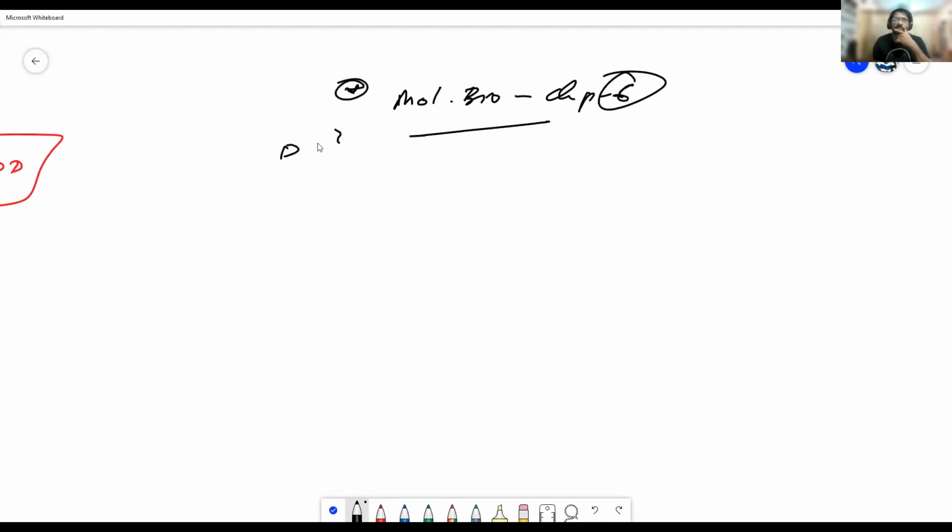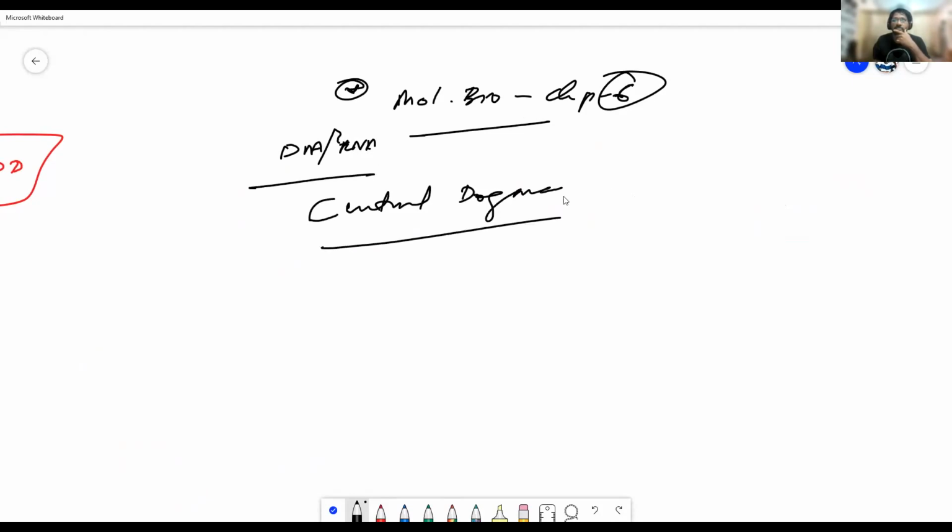We'll be learning about DNA, RNA, and the central dogma, which I also mentioned in our introductory lesson. It means nothing but DNA produces RNA, that is mRNA, and mRNA produces protein.